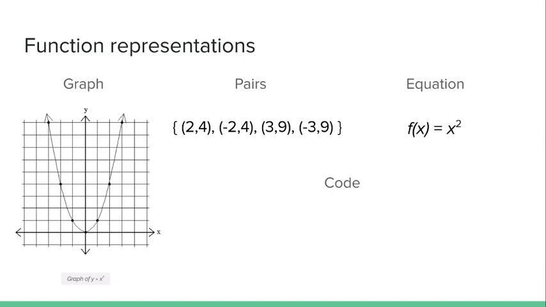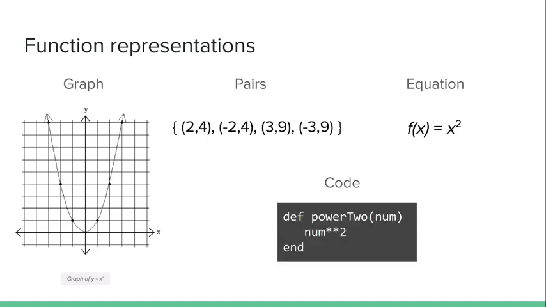Often we express a function as an equation, and this is a nice succinct, generalized way to express what our function represents. We can also express a function in code as programmers. So we can define, for example, a function called power2 that takes in an input, a number, and returns that number squared. And this is also an example of a function.